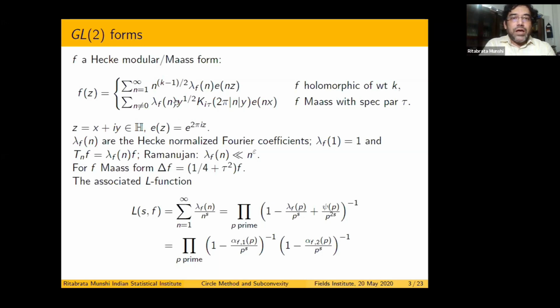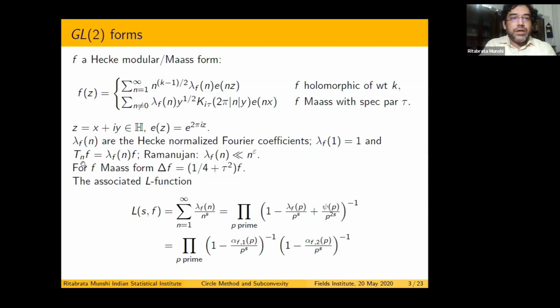I've normalized the expansion in such a way that the lambda_f(n), which are now Hecke normalized Fourier coefficients, satisfy lambda_f(1) = 1. And so these are Hecke forms.